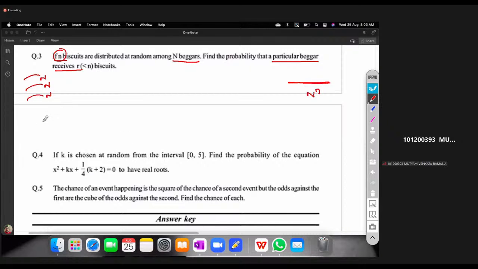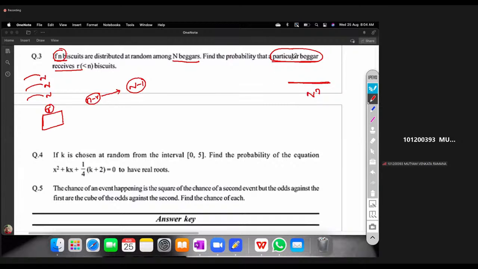So a particular beggar should get R biscuits, and the rest of the n minus R biscuits can go to the n minus 1 beggars. A particular beggar means he is known to us. It is not like one beggar is one particular beggar. No, it's one identified person.